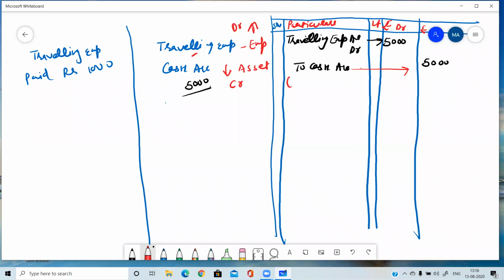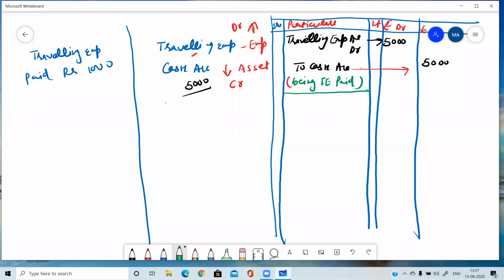Now write the narration, and the narration is being traveling expenses paid. In short, you can write the narration. Then the closing line. It means the journal entry is completed. Okay.